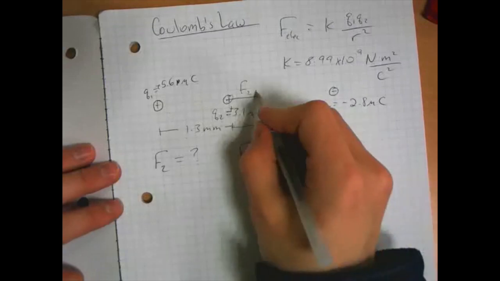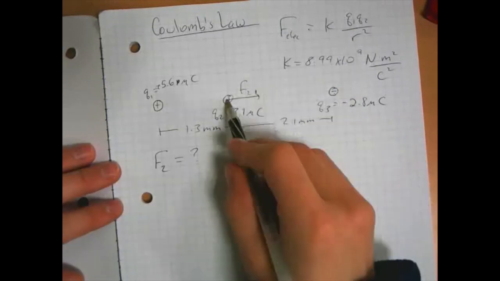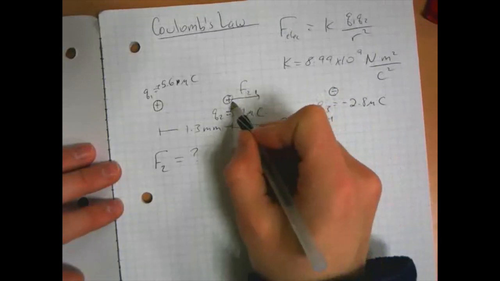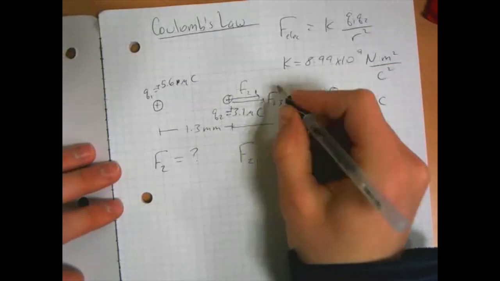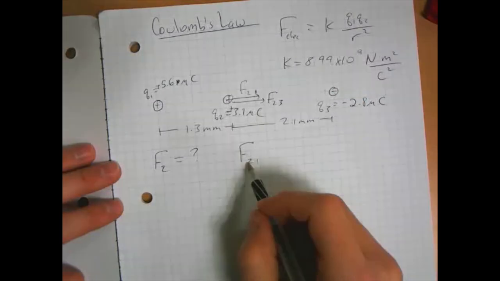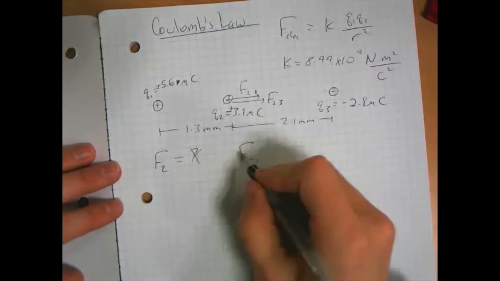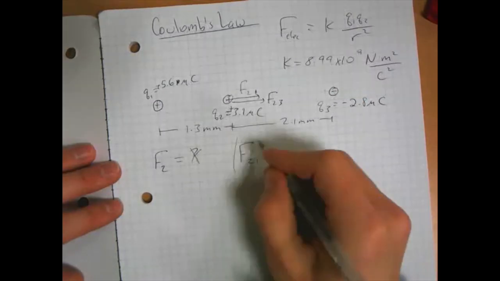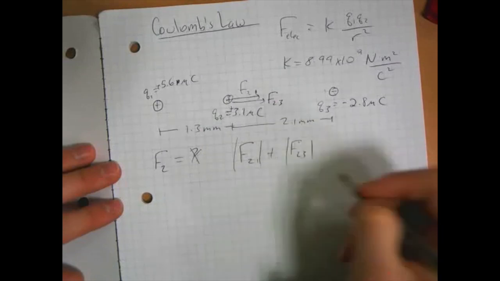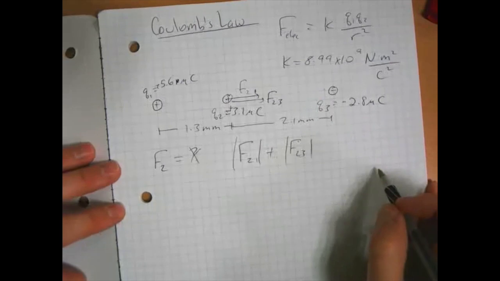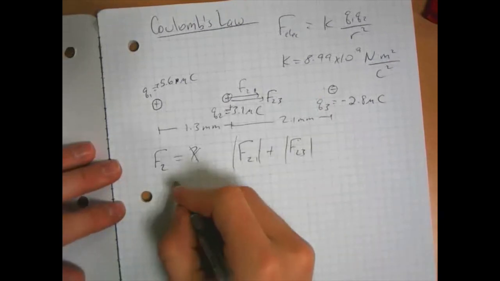And then these two charges will attract, and so the force on 2 from 3 will also be to the right. So both of these are going to be positive values. They're going to add together. And from there, we just plug in numbers.